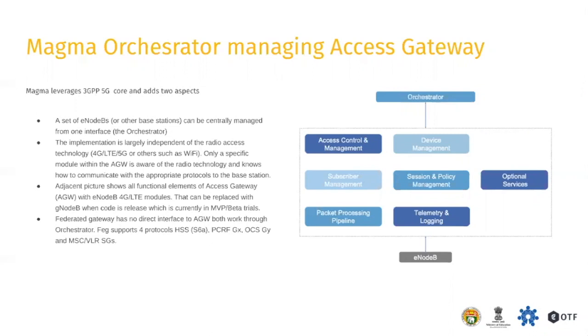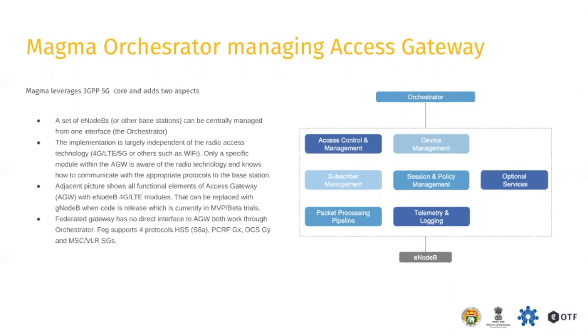The implementation here is largely related to the functionality of the access gateway, which the orchestrator manages, which in turn supports the radio gateways like eNode B. It could be any 5G node. Instead of a 4G LTE eNode B, it could be a gNode B, for example. Any radio, it can even be Wi-Fi.